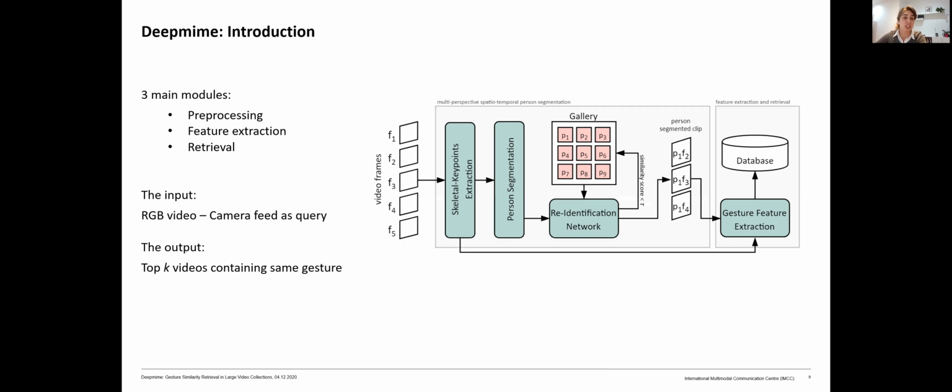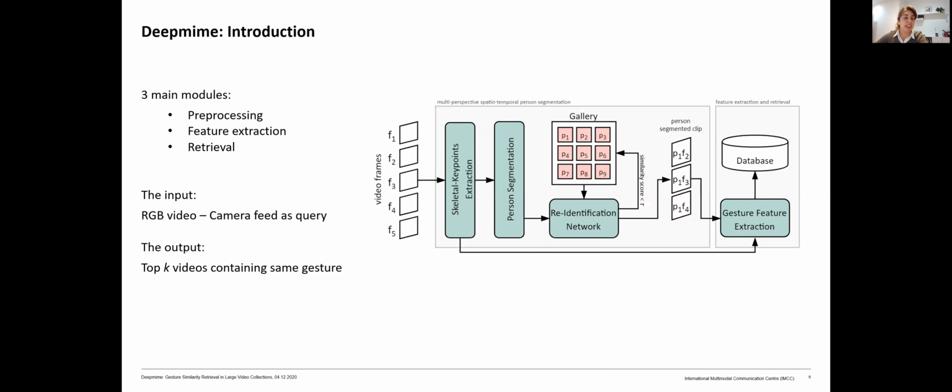The input is the RGB video. It could be a recorded video. It could be a camera feed that you record yourself, doing something in front of the camera. And the output would be the top K videos containing the same gesture, the visually similar gesture.